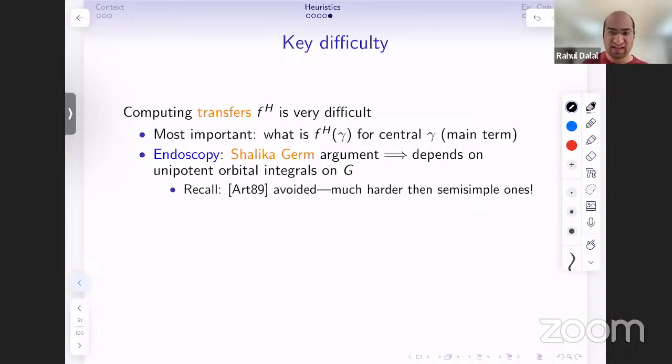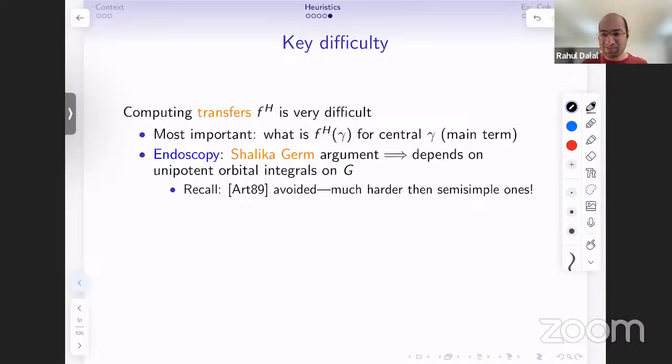I'm not going to discuss what that is, but it's a pretty good tool, and it tells you that this transfer depends on the unipotent orbital integrals on the group G. So you might think that this is great because you can just calculate the values of these transfers by calculating particular orbital integrals on G. But it's a little unfortunate because, when we had this great Arthur '89 formula, one of the really big upsides of that formula, which made it even better than the heuristic trace formula, is that you could avoid these unipotent orbital integrals.